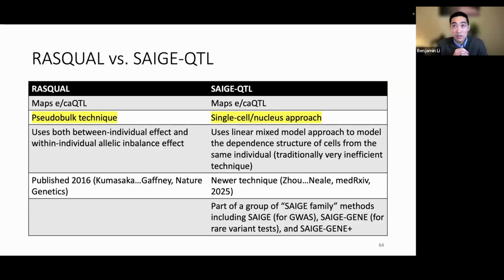In our preliminary results, we do see some good concordance between the pseudobulk technique that we're using, a technique called RASQL right now, and the single nucleus approach. Still yet to be seen which one, fully optimized, is really going to give us the most robust results. But certainly a really exciting technique.